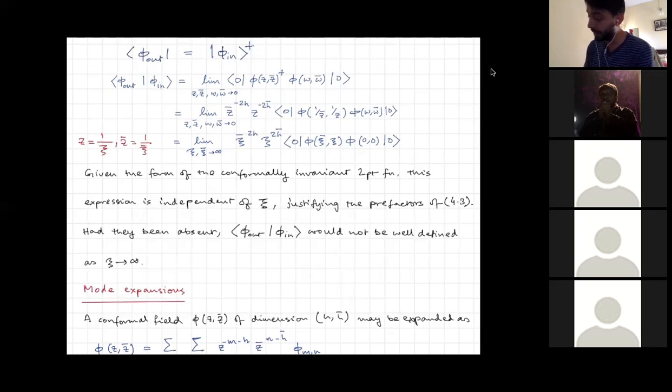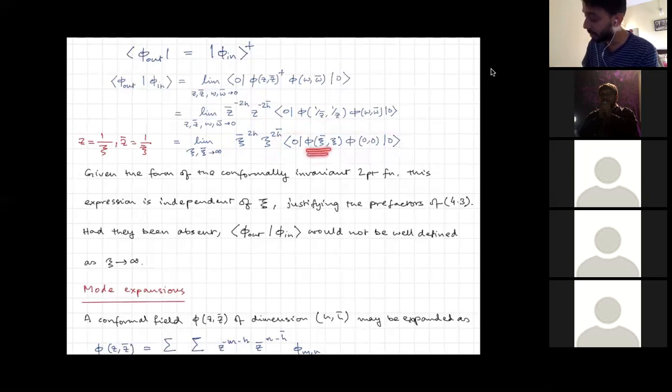So if we do that, then what happens is that this limit becomes xi bar to the twice h, xi to the twice h bar into this guy. Now this is phi at xi bar and xi, and phi at 0 and 0. So at the end of the day, as you notice here, it's a 2-point function.